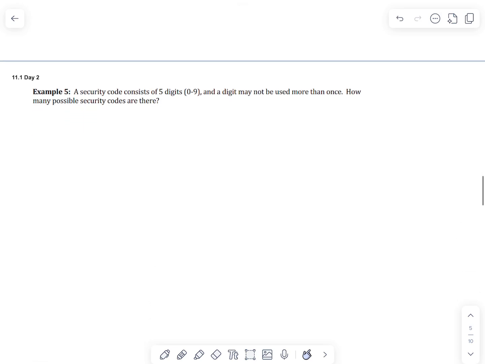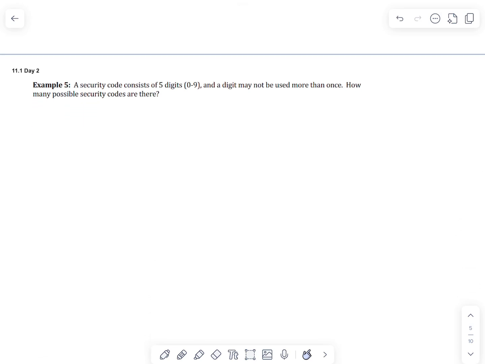Example 5. A security code consists of 5 digits. The digits are anywhere from 0 to 9. And a digit may not be used more than once. How many possible security codes are there? This is a permutation where the order matters in which you select. This is a permutation.